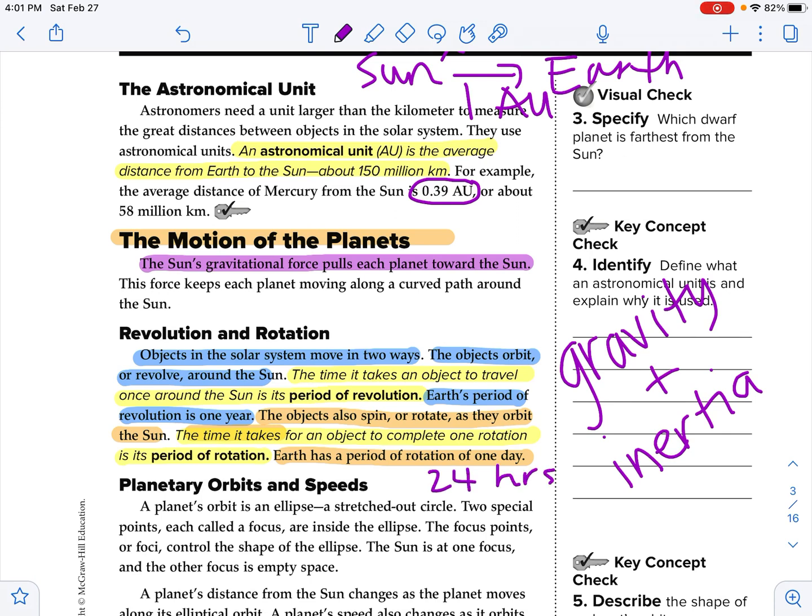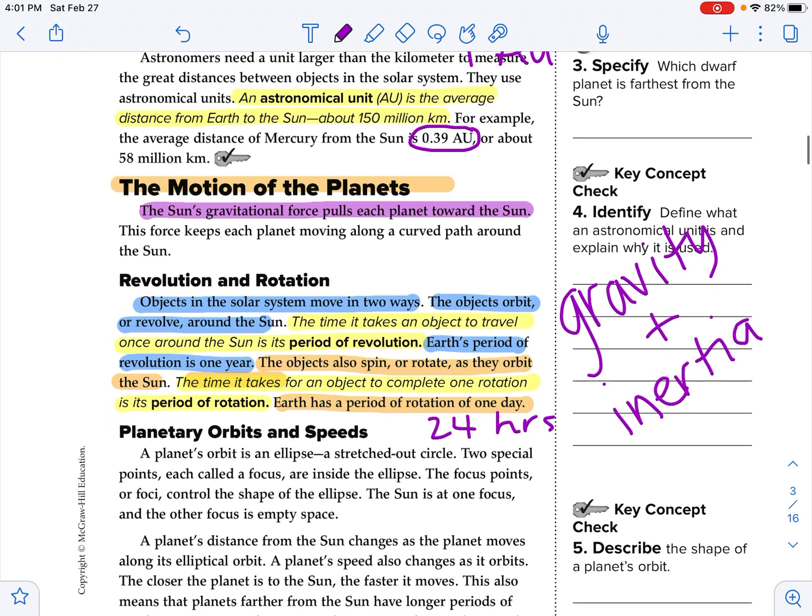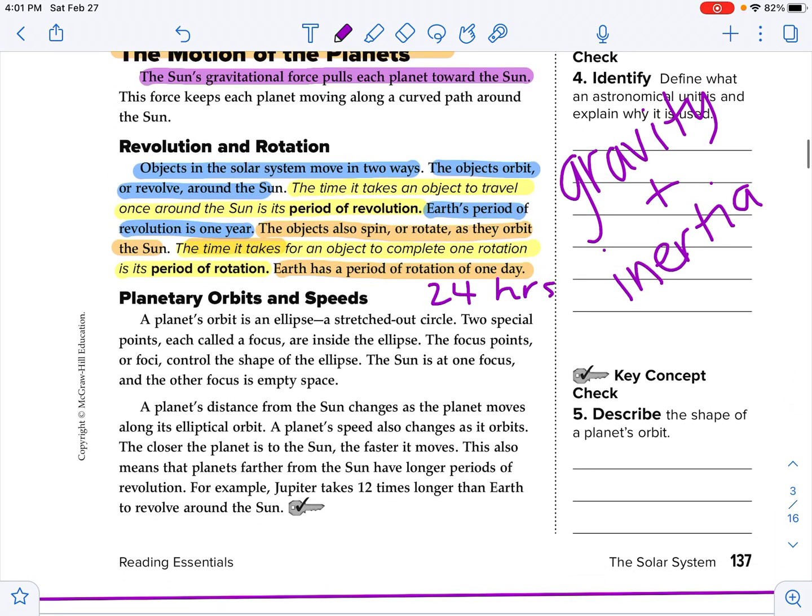So as we look at the inner planets and the outer planets, we're going to look at what is its period of revolution. How long is its year? What is its period of rotation? What is its day? All right, so we'll take a look at that. We know Earth's 365 and a quarter and then 24 hours, but what's going on with the other planets? We'll find out, okay?